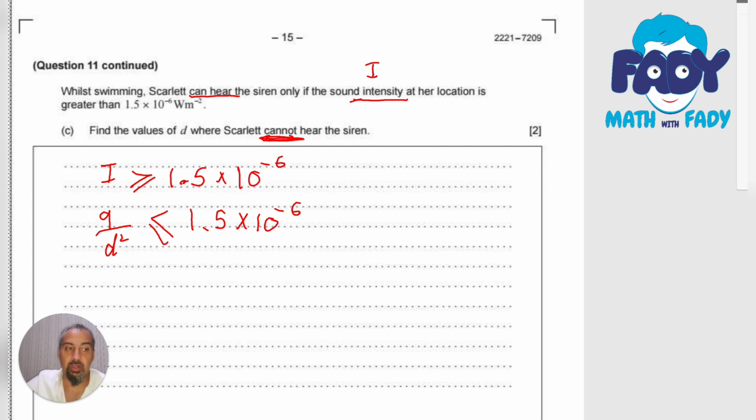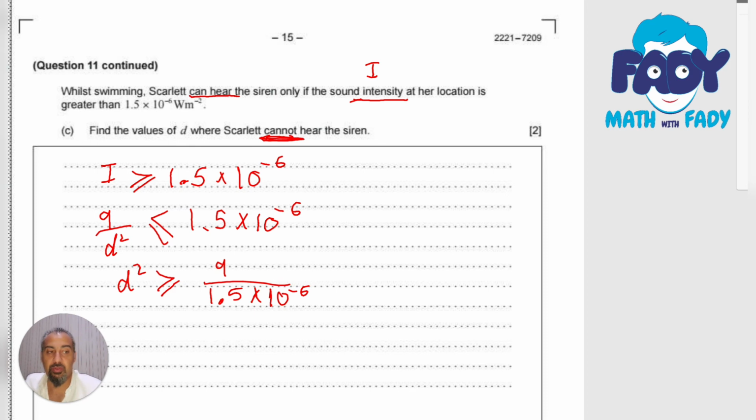Then we will cross multiply to get d. We are finding d, so d squared is more than or equal to 9 over 1.5 times 10 power negative 6.